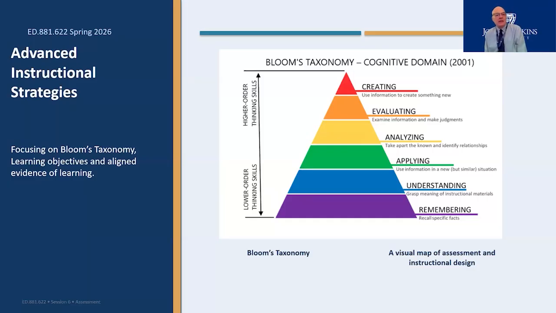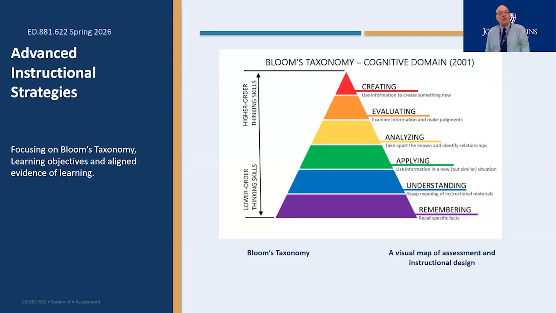Bloom's taxonomy has been around for over several decades now, and it is a proven instructional design model where we create learning objectives and align them to evidence of learning. So if you notice on the left side of the graphic, it begins with us creating lower order thinking skills for our students. And again, whether those students are in a K through 12 setting or a university setting.